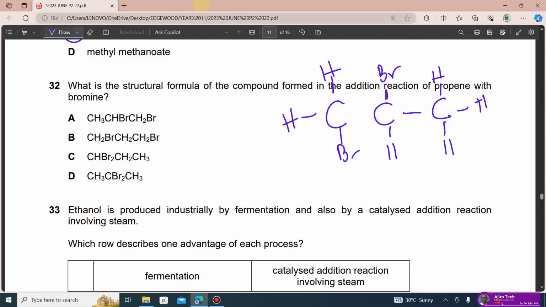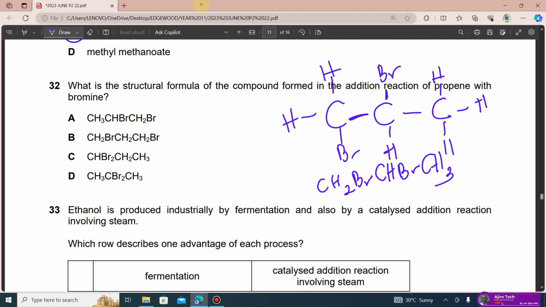So now that the bond has been broken, we have something like this, a single bond. Okay, and there is the hydrogen here. So in this case, our formula, if you want to pick it from behind or from the front, either way, we're going to have CH2Br. That's for the first one. Then for this, you're going to have CHBr, and then for the last one, we're going to have CH3.